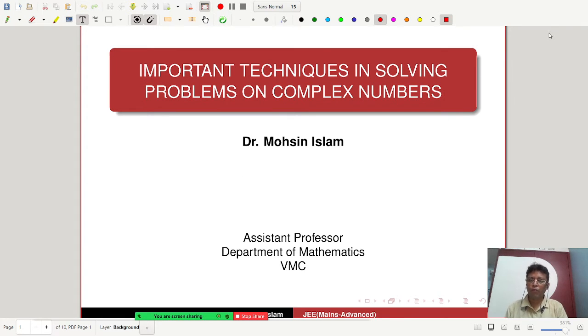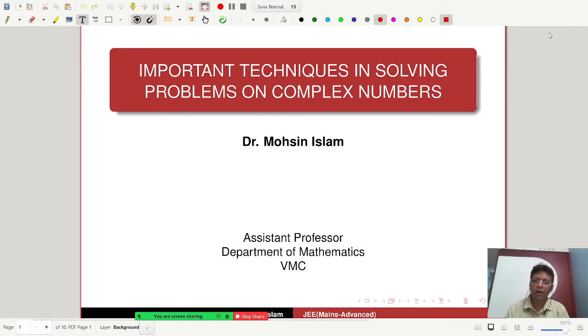So today we have a presentation on important techniques in solving problems in complex numbers. Complex number is a very important topic, especially for JEE Mains and Advanced, all India level, and any engineering exams.